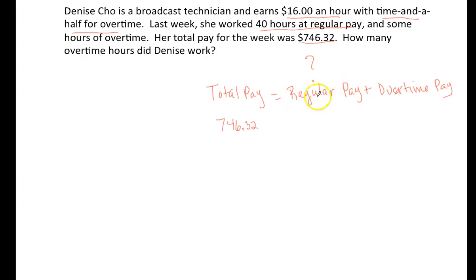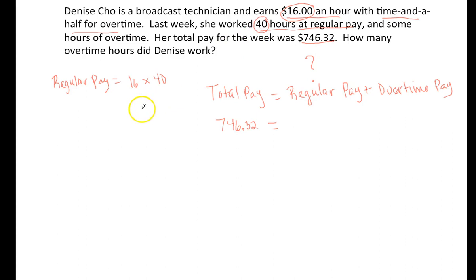Okay, do I know regular pay? Well, they didn't give it to me, but I know she had to work 40 regular hours at $16 an hour, so I can go find her regular pay. I'm just going to go over here on the side, and her regular pay is the pay rate, which was $16 an hour, times the number of hours, which was 40.